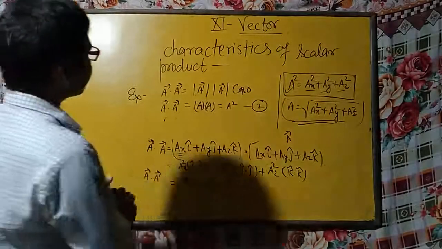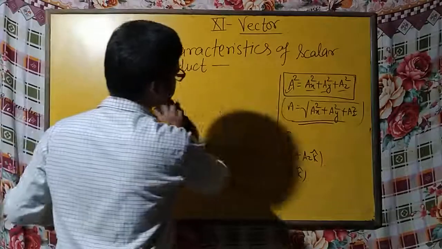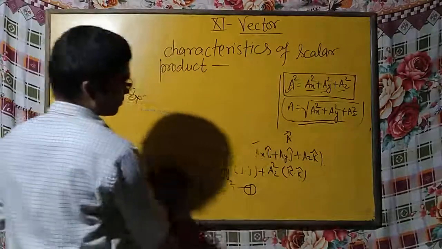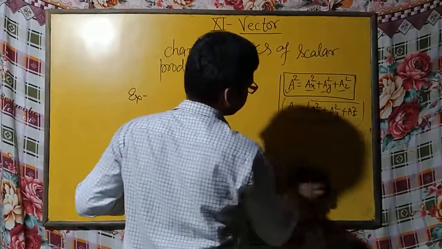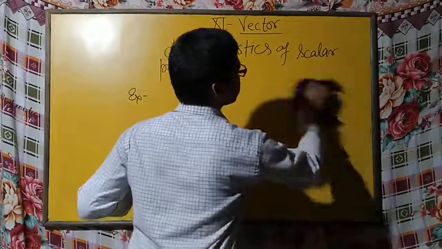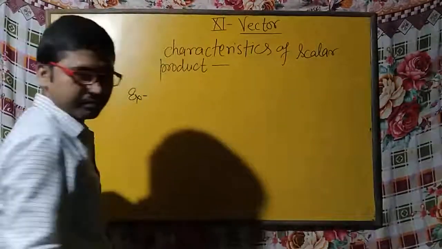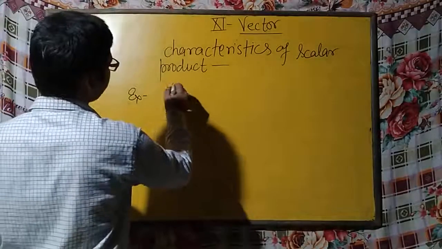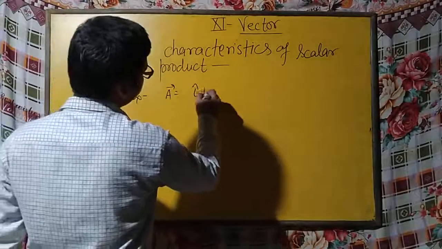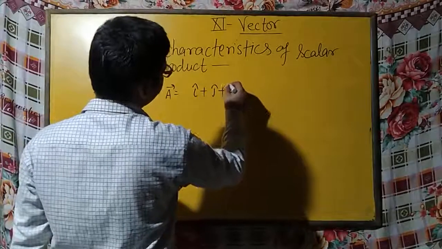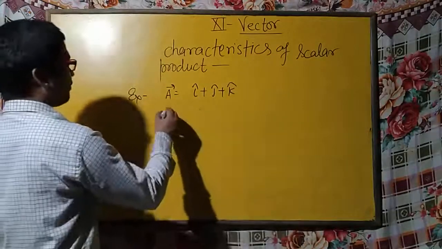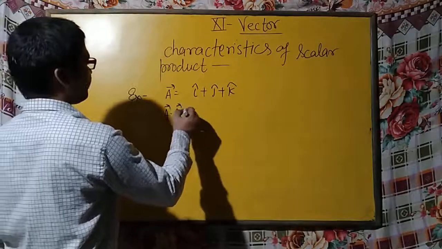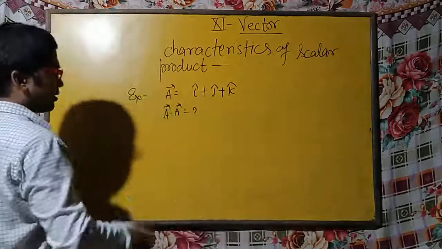So let's see another example. Suppose a is equal to i plus j plus k, then what will be a dot a, right?